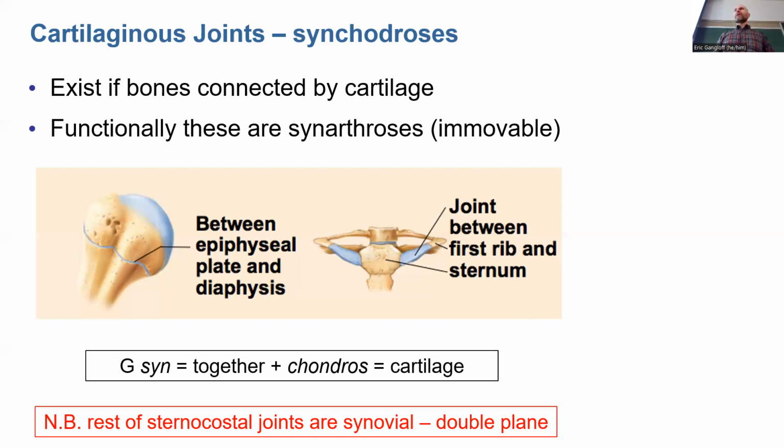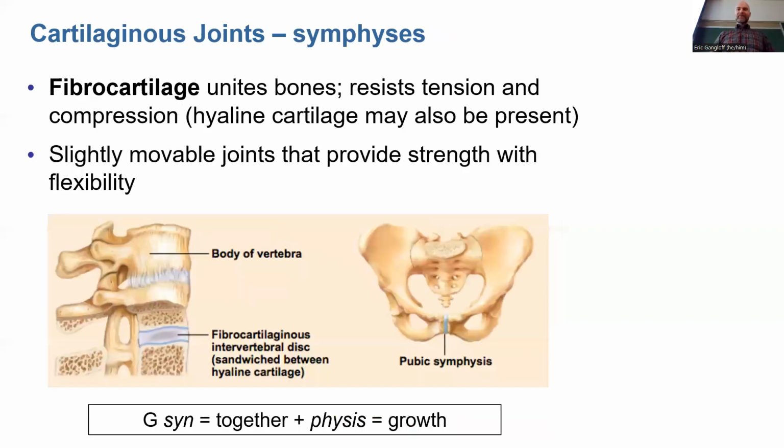And we have one more type of cartilaginous joint. Can anyone guess what this is? It's come up a bunch of times in class. What's that? Yes, exactly. Fiber cartilage. Nice job. These are called symphyses. We learned, of course, about the pubic symphysis.